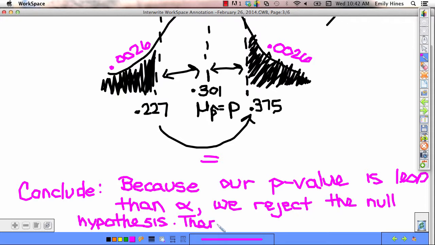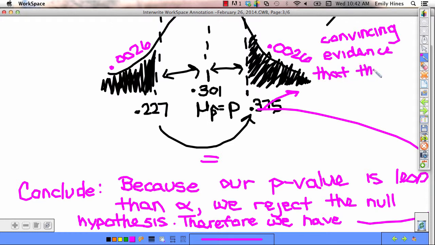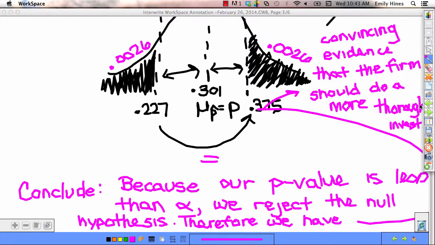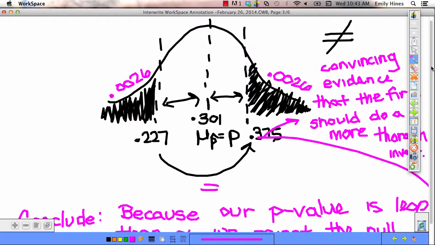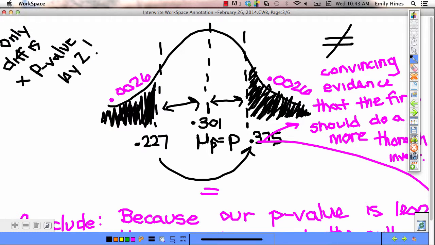Therefore, we have convincing evidence that the firm should do a more thorough investigation. Okay, notice that because it's a proportion one, all of my steps were exactly the same, my conditions were the same. The only difference is that I need to multiply that p-value by 2. Okay, that's the only difference.